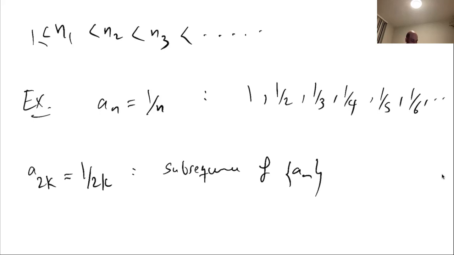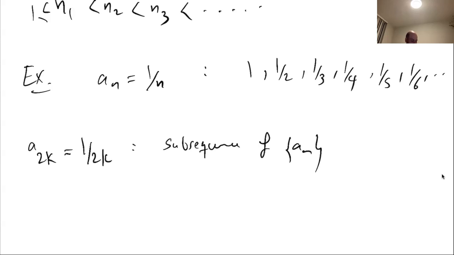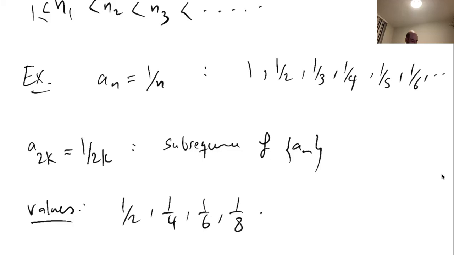Now, let's say I choose the first index to be 2. What about the values of the subsequence a_2k? The values are 1 over 2, 1 over 4, 1 over 6, 1 over 8, right?